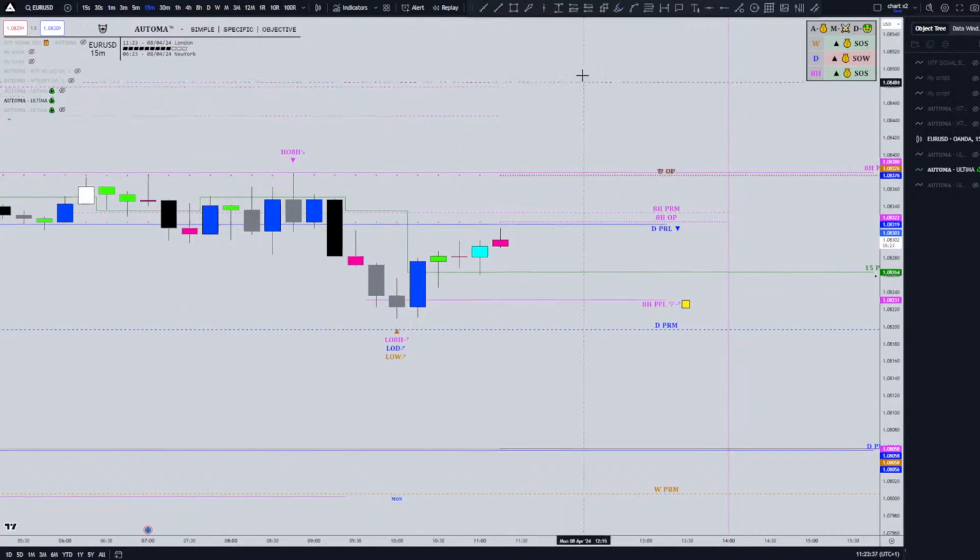So if we just check timing, we have nice engulfment. So basically that's 10 o'clock UK time. So that's your trigger bar.